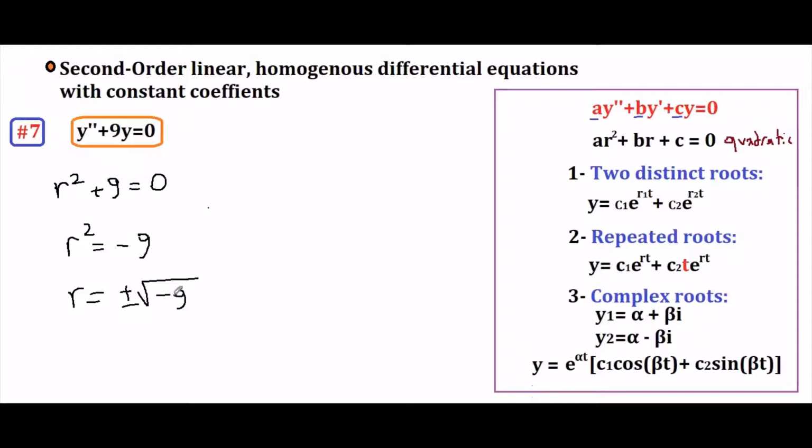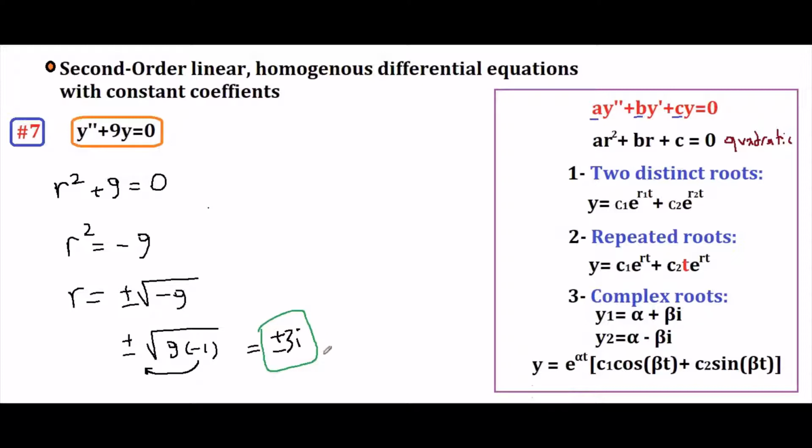Whenever we have a negative under the radical, we obtain an imaginary number. So we can express negative 9 as 9 times negative 1. Negative 1 goes outside the radical sign as i. So we have plus or minus i, and the square root of 9 is 3, so we have plus or minus 3i.